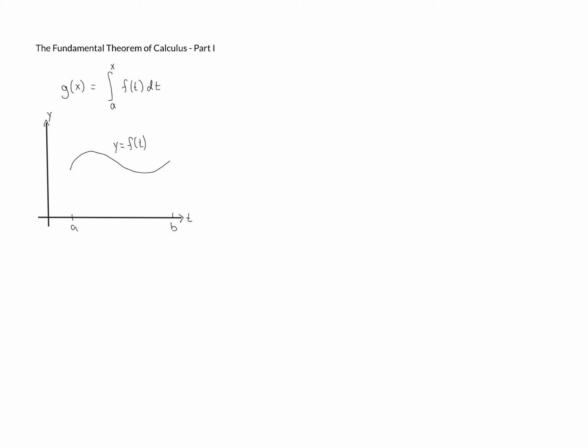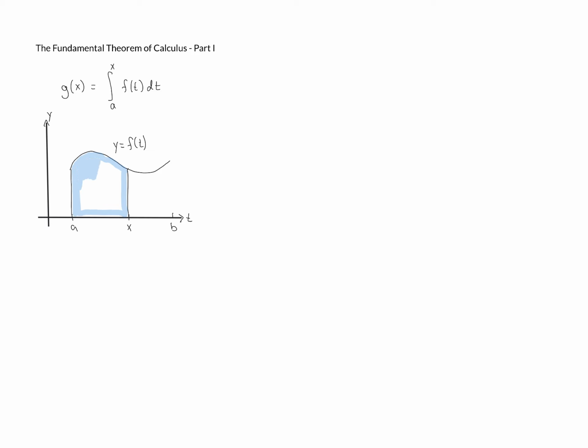Suppose this is the graph of our function y equals f of t, and it's defined on a closed interval from a to b. Then if we're looking for any value of x that's in between a and b, somewhere in our domain, and we look at the integral from a to x of this function, that gives us the area of the region underneath that graph between a and x.